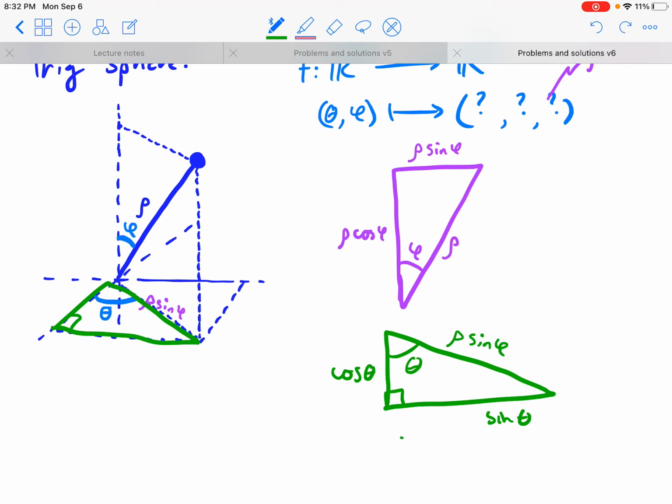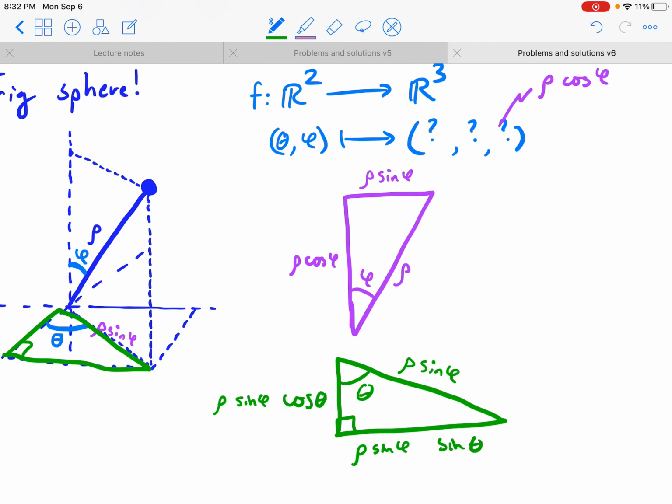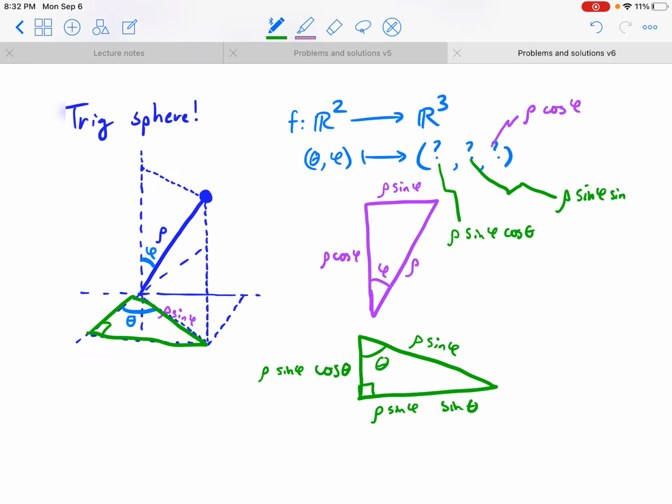But then we have to multiply by the length of the hypotenuse, which in this case involves two things, the rho and the sine of a completely different angle. And this gives us our second and third component functions. Here we have the rho sine phi cos theta, and here we have the rho sine phi sine theta.